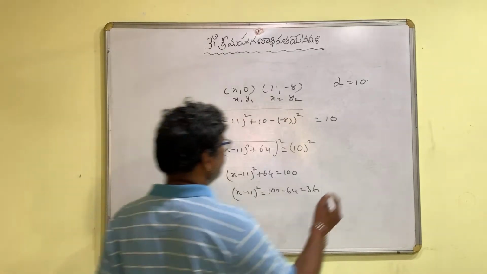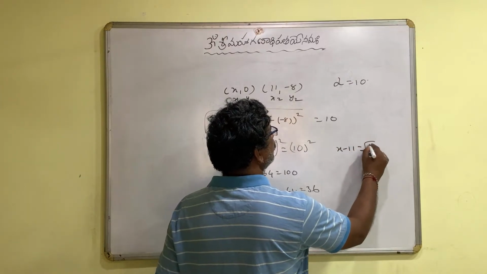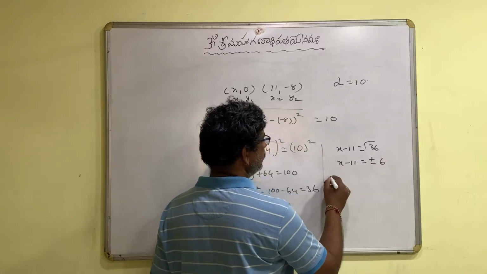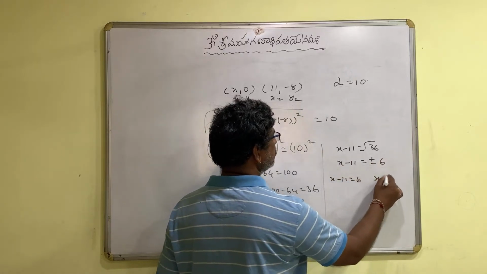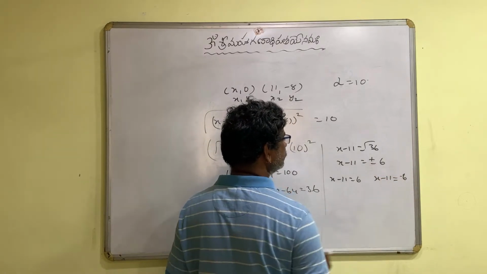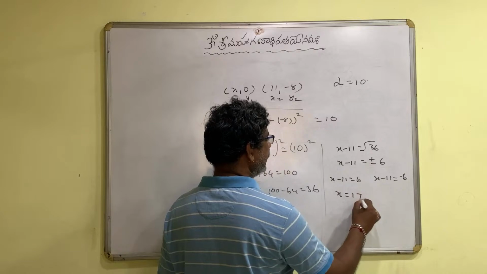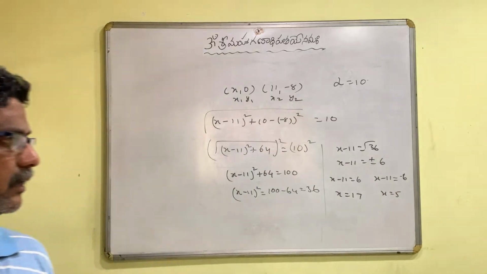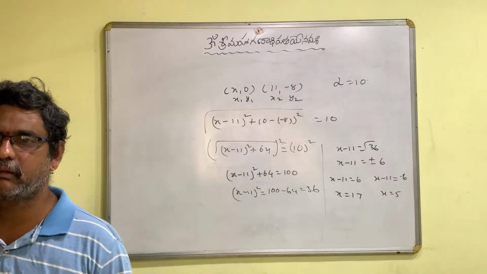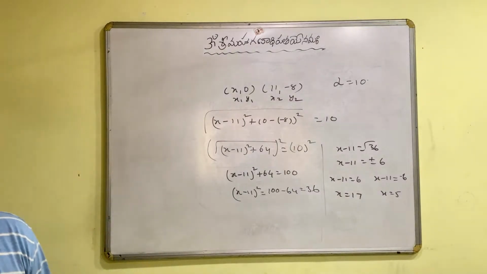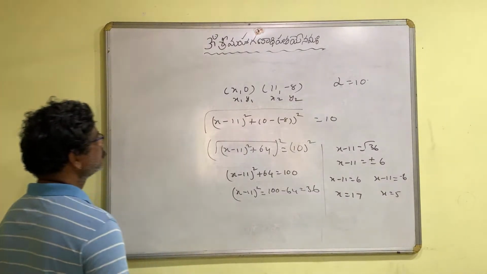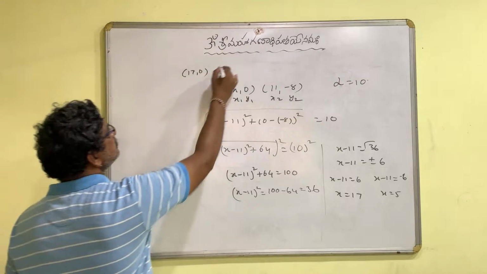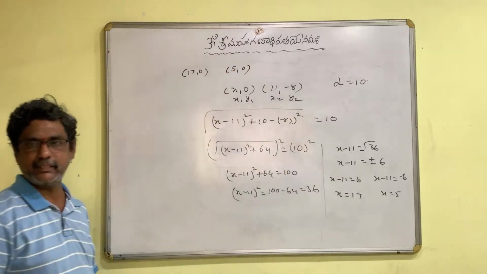Let me see. X minus 11 is equal to root over 36. X minus 11 is plus or minus 6. X minus 11 is 6, or X minus 11 is negative 6. So x is 17 or 5. Okay na? So the points on x-axis are 17, 0 is one point, and 5, 0 is another point.